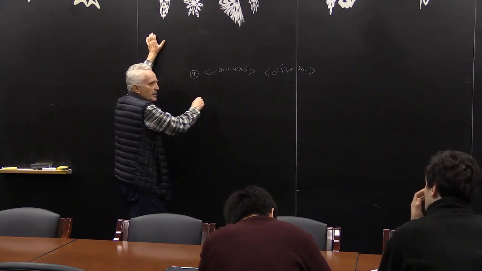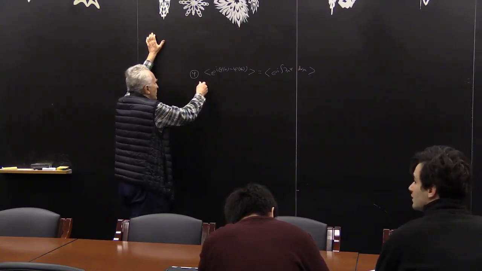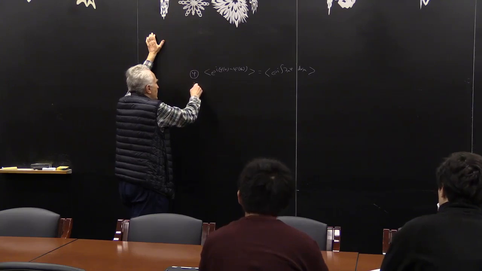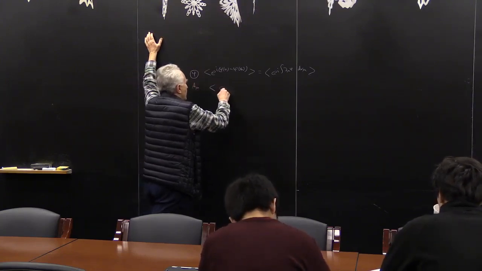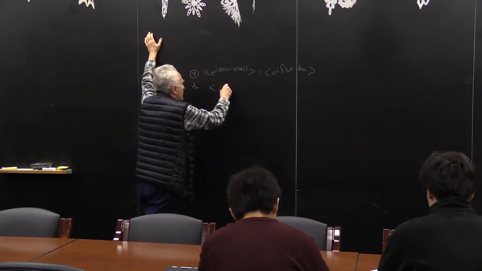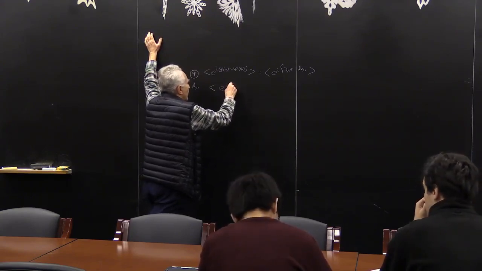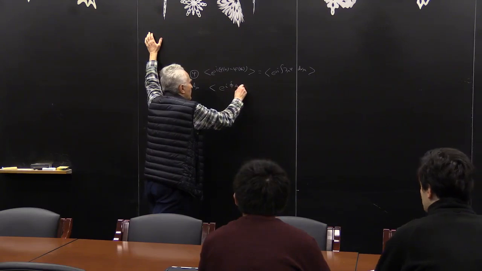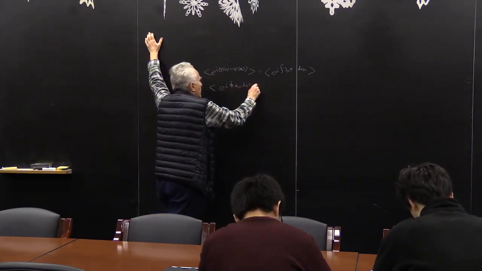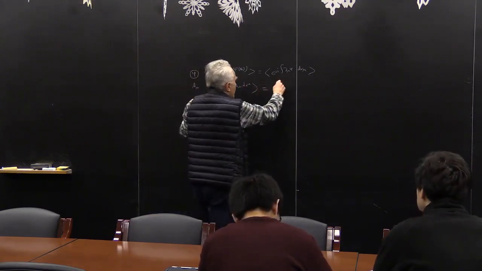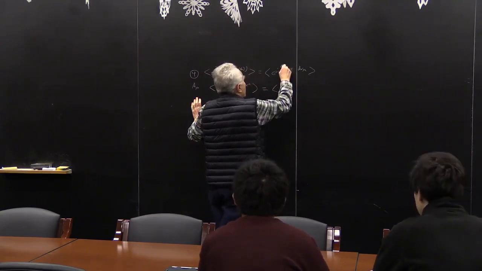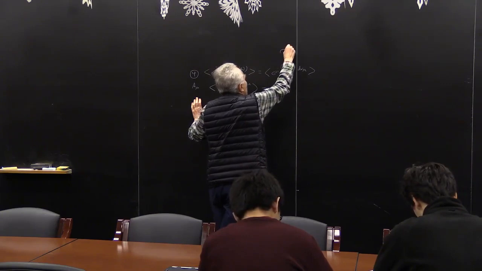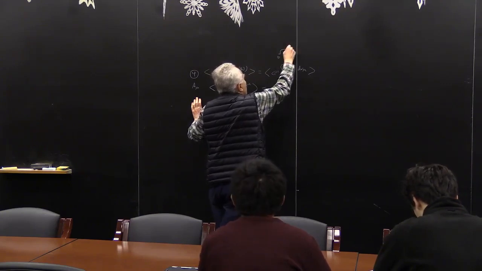Now the basic dynamical variable in gauge theory is A mu, and we said that the analog of this difference would be the integral of A mu dx mu. Here we integrate over the open path connecting points 0 and r.